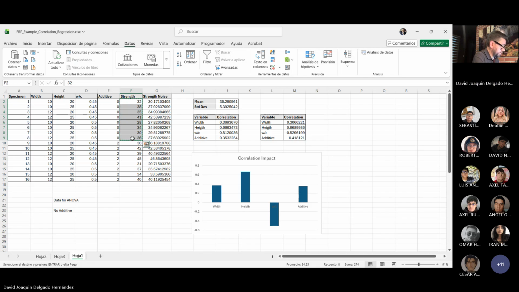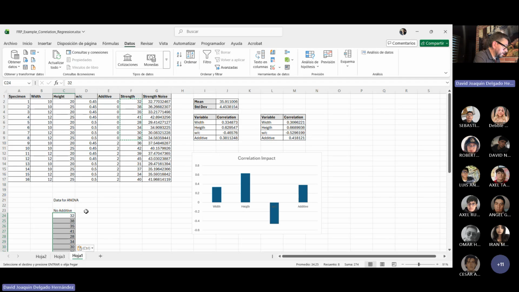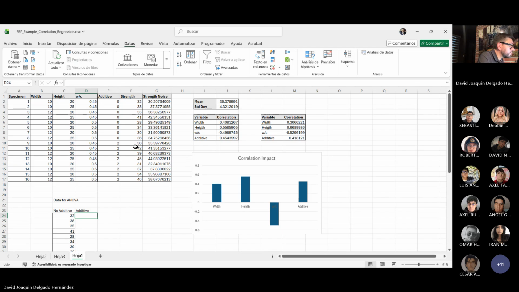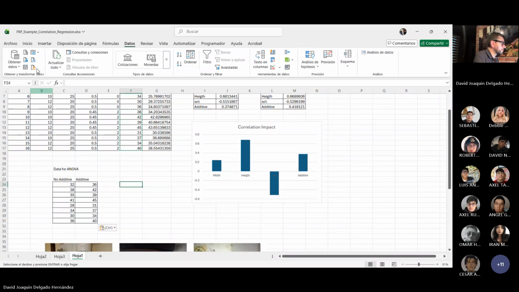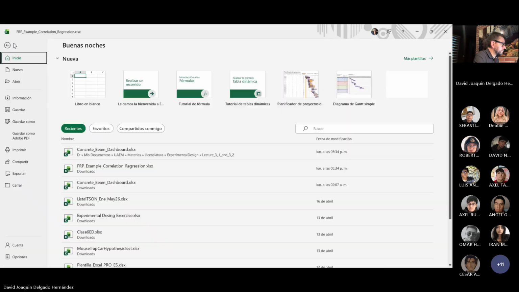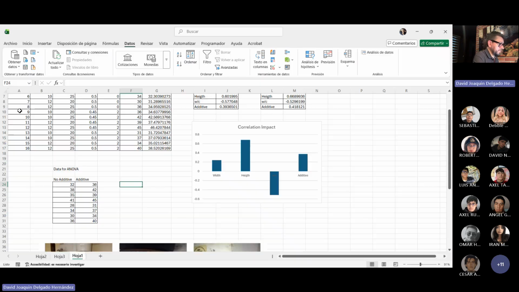Okay. And here you have the additive. These are the values. Okay. Save.